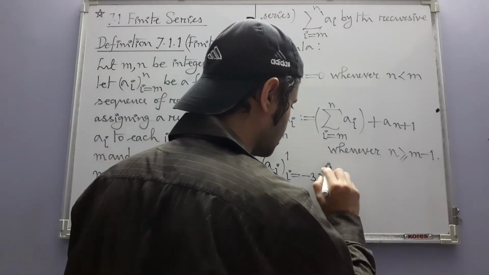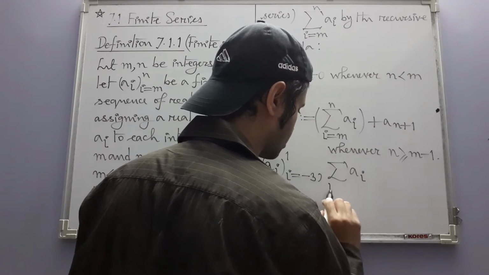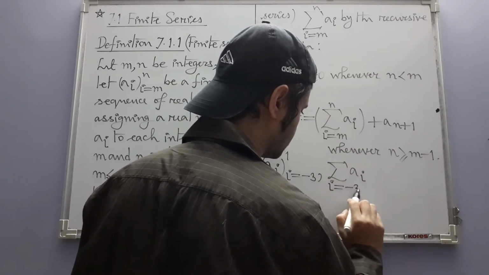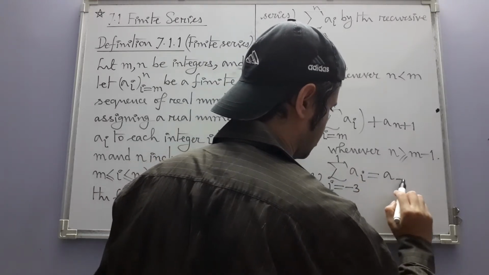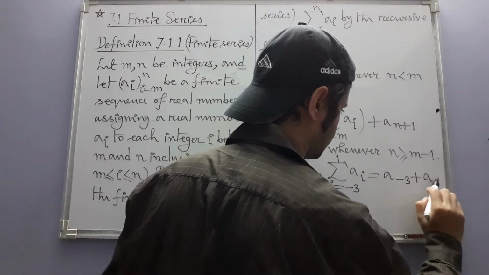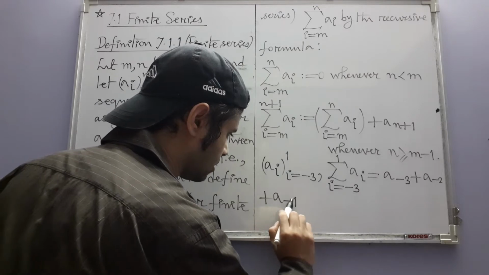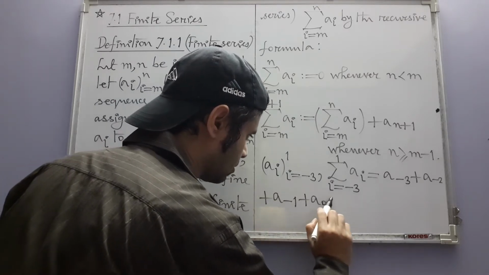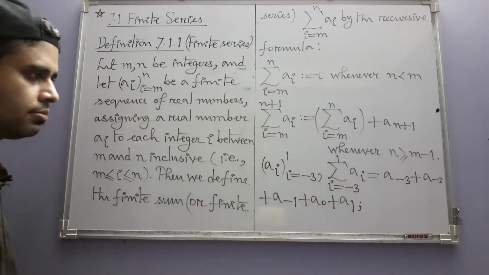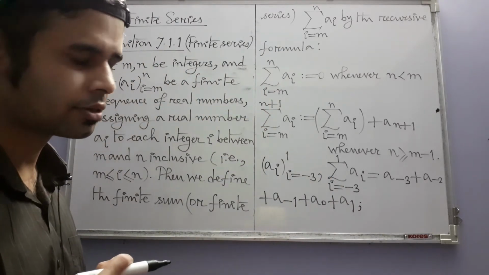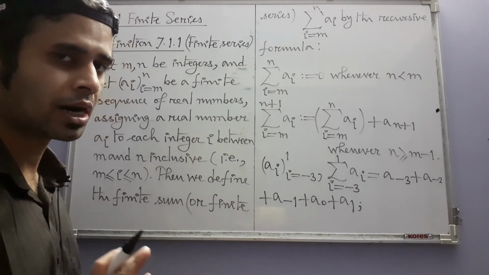Now for this sequence, the corresponding series is this sum, a minus 3 plus a minus 2 plus a minus 1 plus a naught plus a 1, which is slightly non-rigorous, but it will work for us.